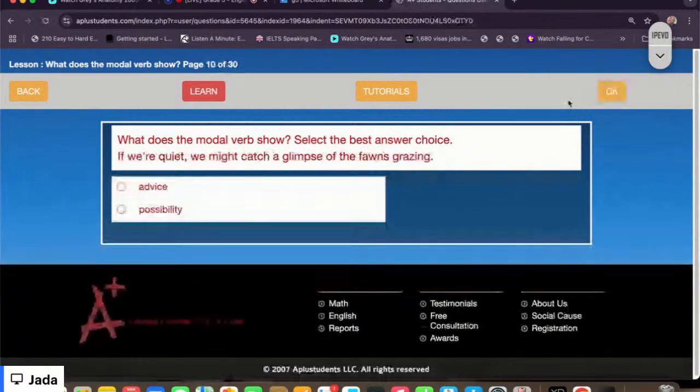If we're quiet, we might catch a glimpse of the fawns grazing. So, is it ability or possibility?